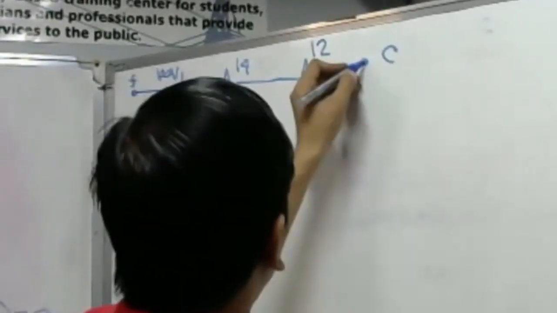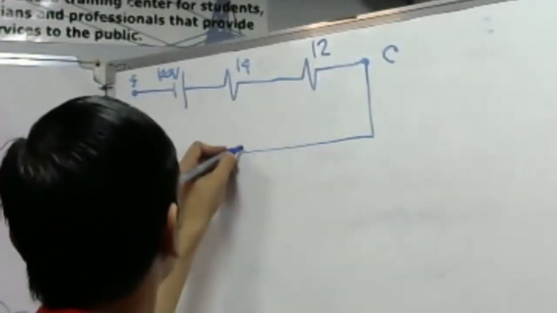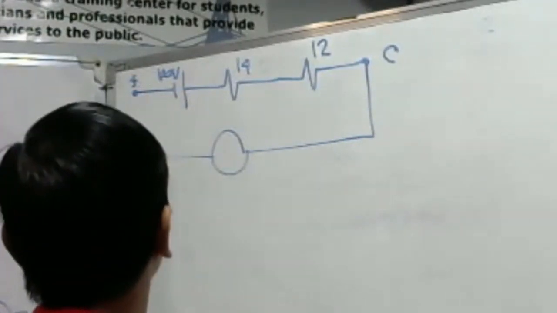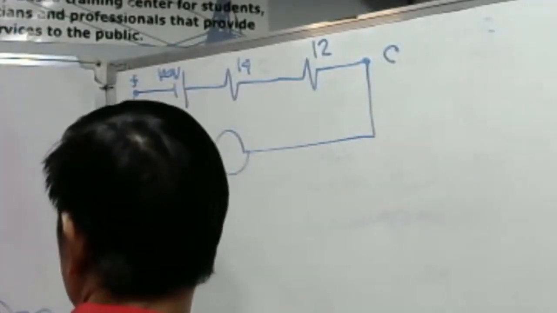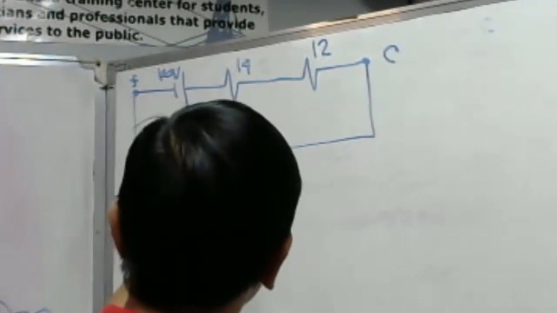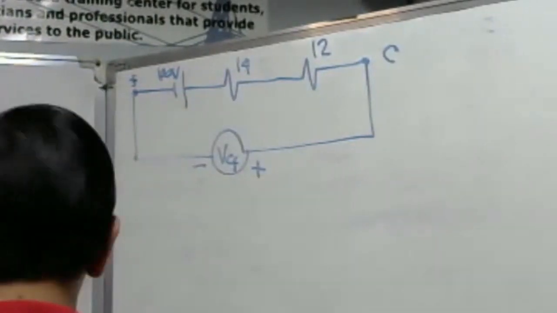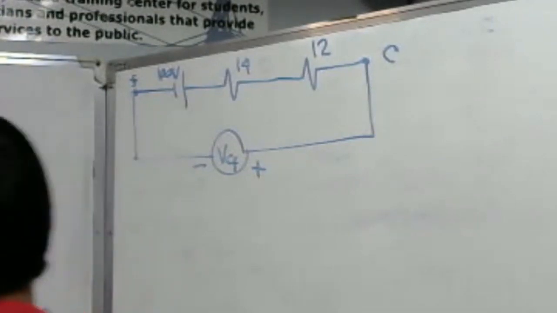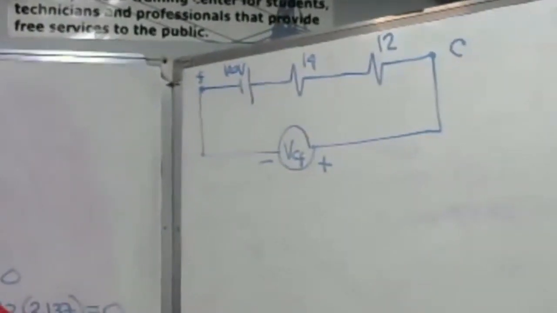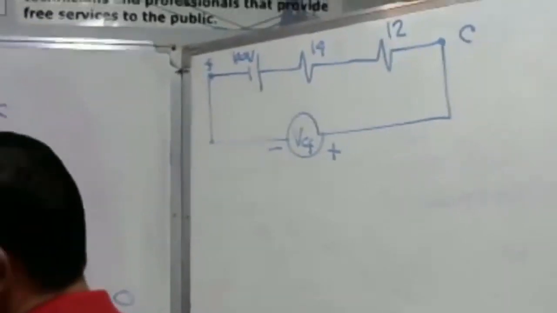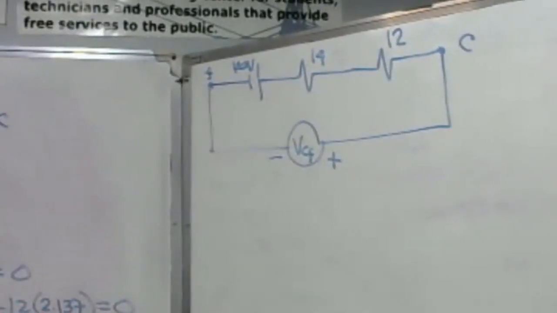Then I will have here the voltmeter. I will make this negative and positive, BCF. And then let us have the current flow. What is the current flowing in the 14 ohm resistor?